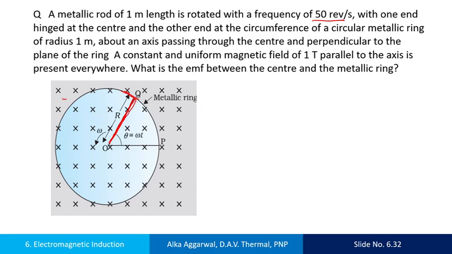According to Fleming's left hand rule, a force acts on the electrons and the electrons get separated. They move towards the ring. Due to the separation of the charges, the EMF is induced. After some time, the magnitude of the EMF is constant.